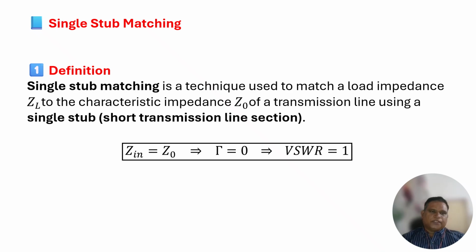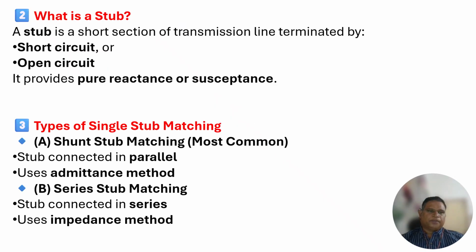Single stub matching is a technique used to match a load impedance ZL to the characteristic impedance Z0 of a transmission line using a single stub, or a short transmission line section. Here, ZIN is equal to Z0. Therefore, the reflection coefficient is equal to 0 and the voltage standing wave ratio is also equal to 1.